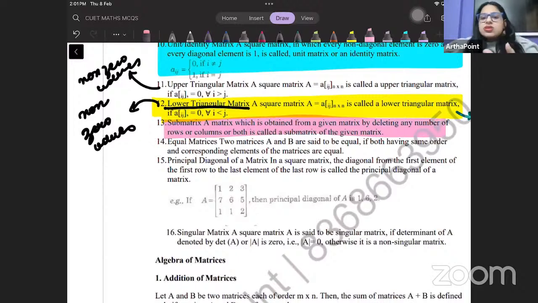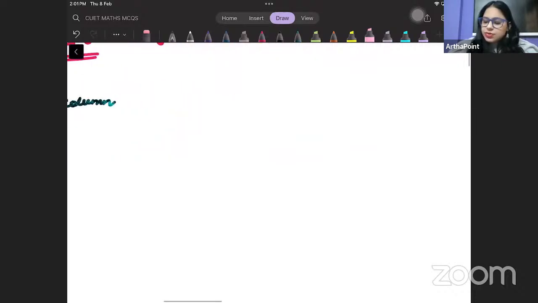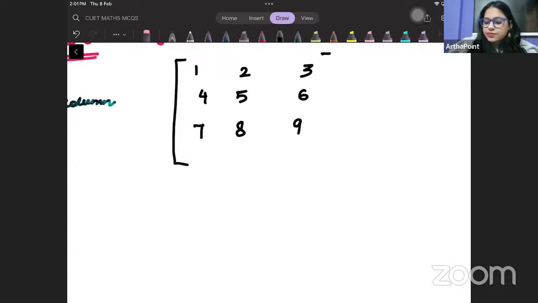अगर हम किसी मैट्रिक्स से कुछ रोज और कॉलम्स को डिलीट कर दें, if I delete some rows and columns and I get a smaller matrix out of it, that is called as a sub matrix. Take an example. So I am saying that I have this matrix 1 2 3 4 5 6 7 8 9.